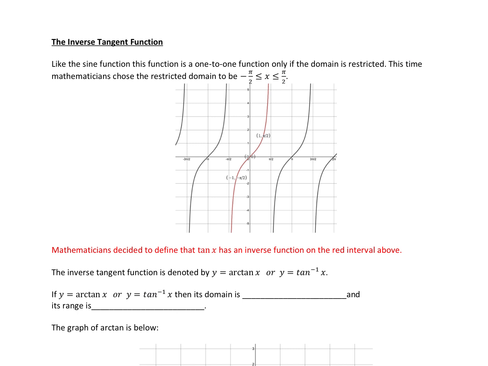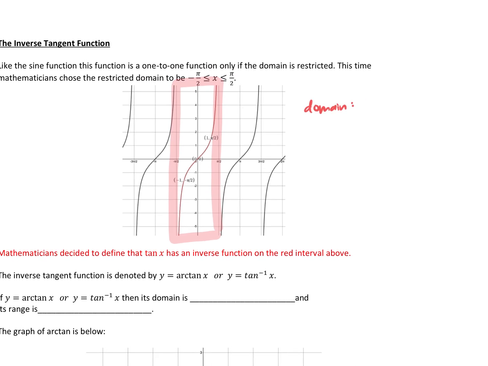This is my graph of tangent. If I wanted to restrict it to make it a one-to-one function, I would have to restrict it to just one of these periods. My normal domain of tangent is from what to what on that graph?